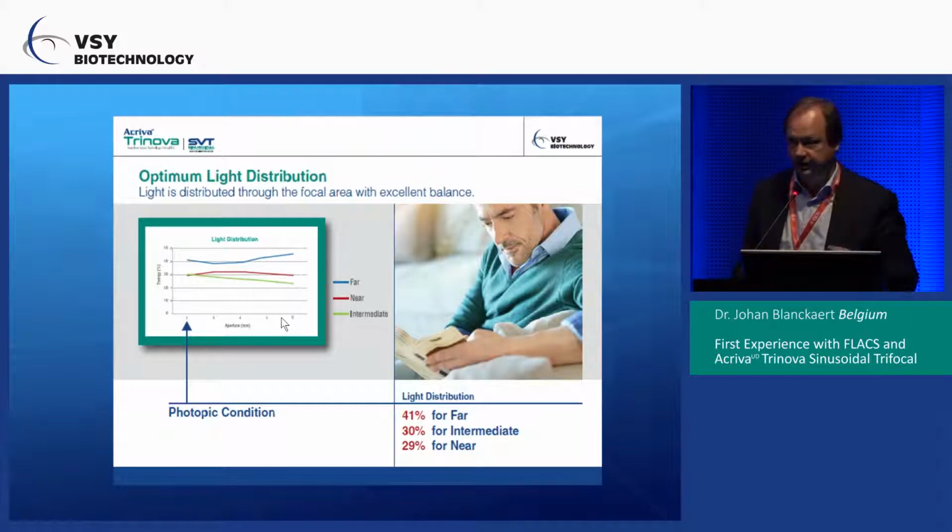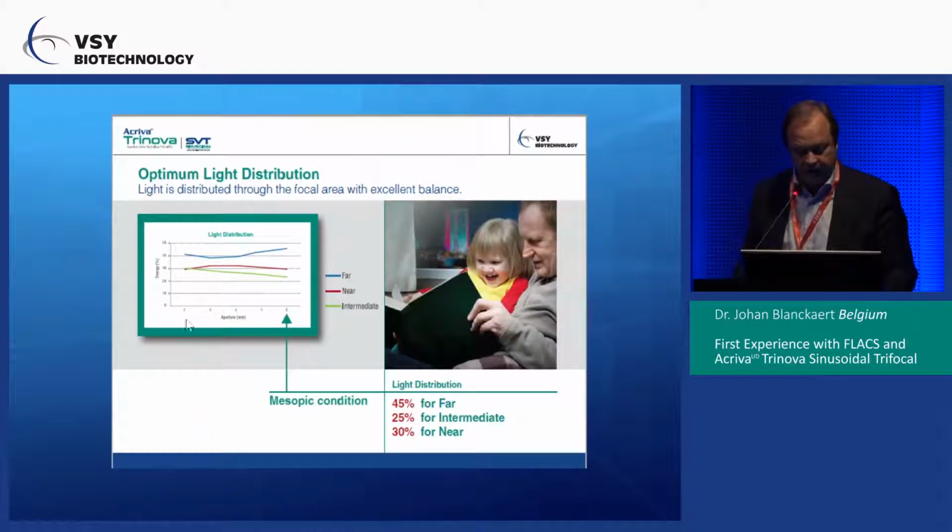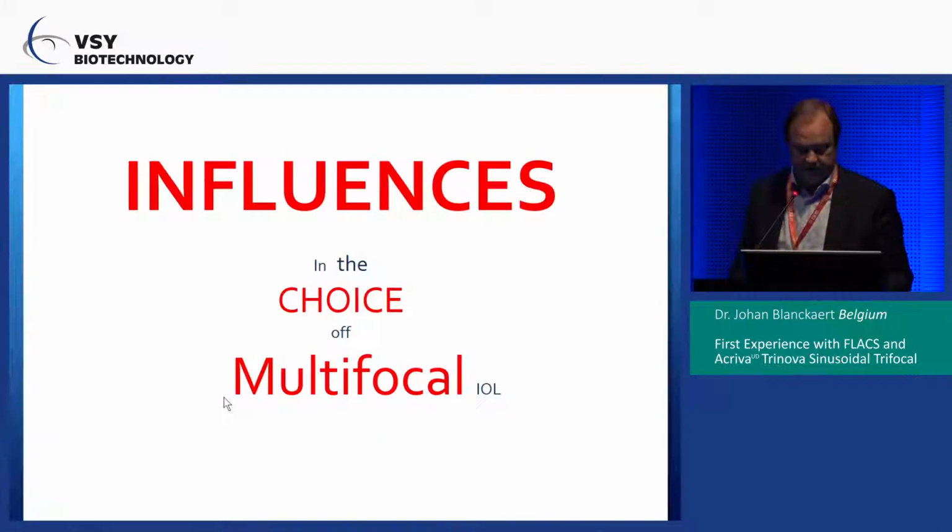That was the question we had some time ago. Pupil independence it is. In mesopic conditions, light goes a little bit more to the far image, and the intermediate and the near switched. So you have more light going to the near, and it's still pupil independent.